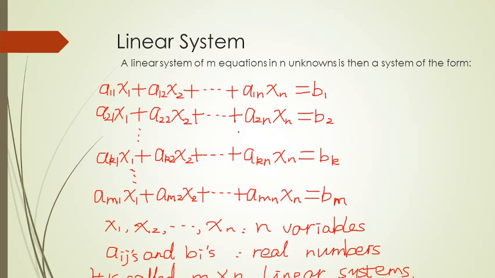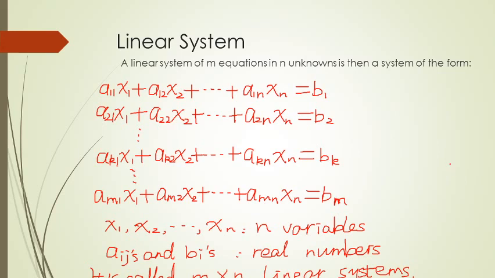Of course, the purpose of discussing this linear system is to solve it, but be patient. We will go through the whole chapter to discuss the solution of this linear system. So please take note of this standard format of the m by n linear systems.